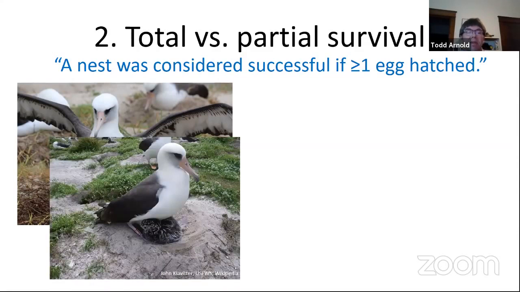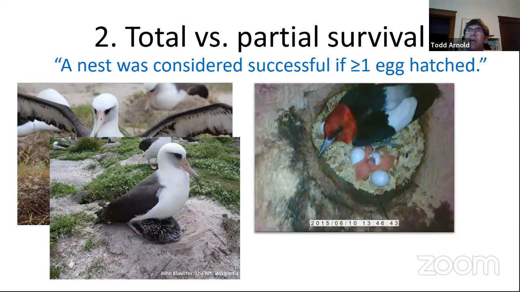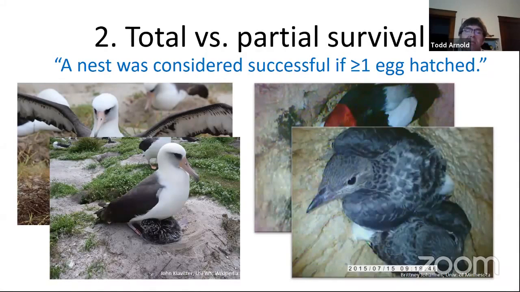Success is straightforward. But if you're a red-headed woodpecker with a clutch of 6, and you're successful by only fledging 2 out of those 6 offspring, it's kind of like getting, I don't know, a D in organic chemistry and saying you passed the class. Yes, you're successful, but you're a little less successful than Wisdom. So we have this issue of partial success versus complete success that I want to consider.